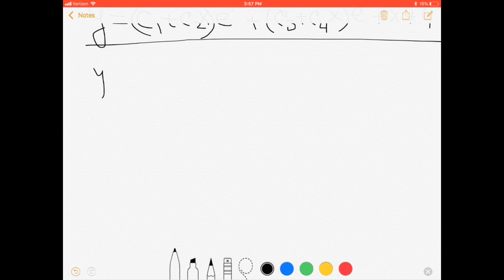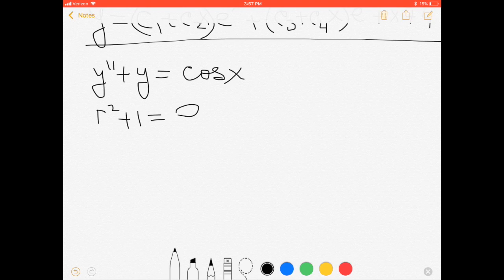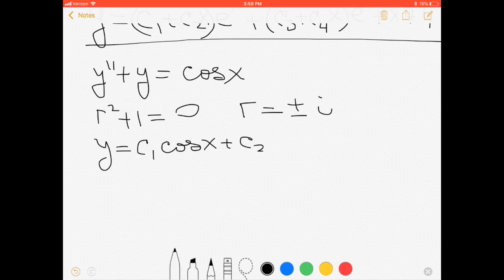Doing one more example. y second derivative plus y equals cosine x. The characteristic equation here is r squared plus 1 equals 0. This means r equals plus or minus i. If you have plus or minus i, the general solution of the homogeneous equation will be c1 cosine x plus c2 sine x.